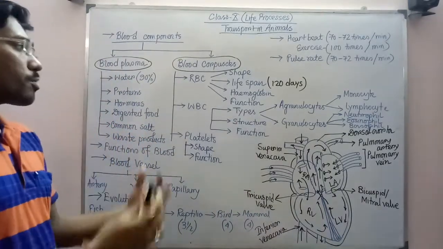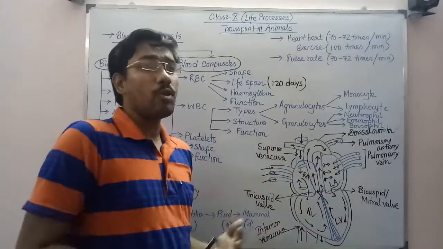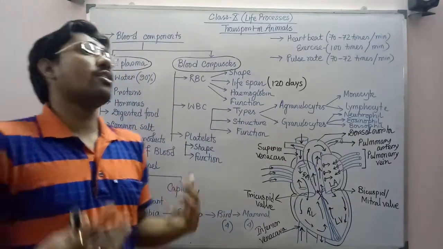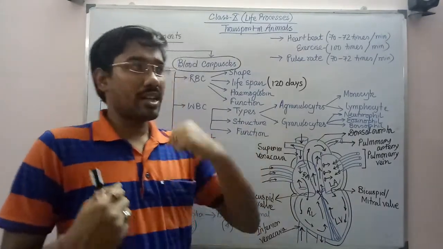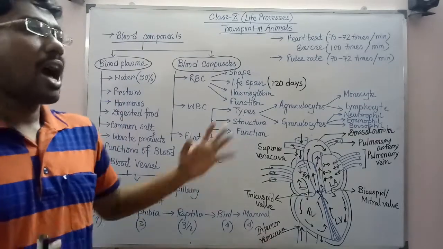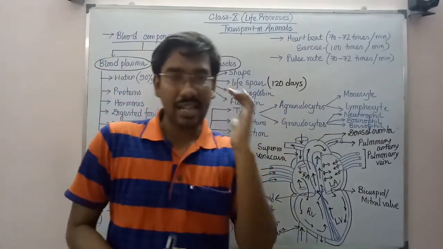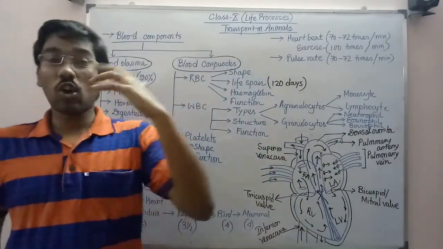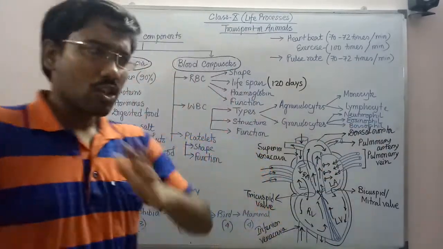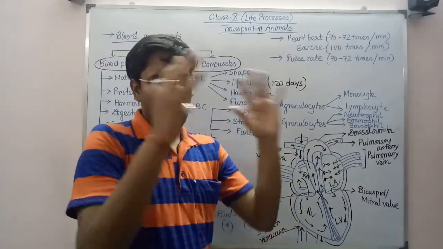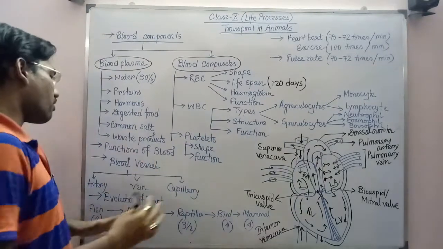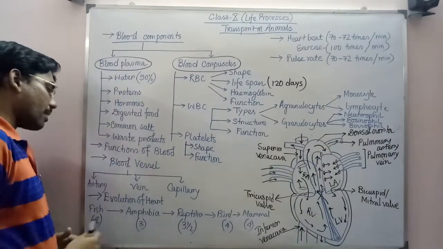Due to the presence of various kinds of cells like WBCs, they are responsible for providing immunity to our body. They fight against the pathogens. And due to the presence of platelet-like cells in the blood, our blood also gets clotted if any external wound happens. So these are the overall importance or overall functions of the blood, which can generally be seen.